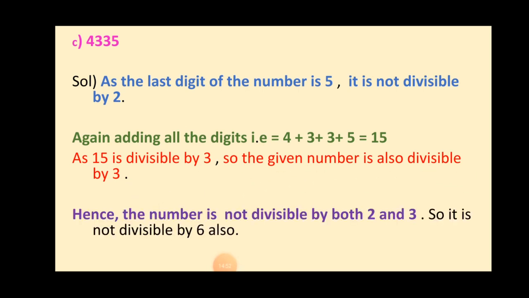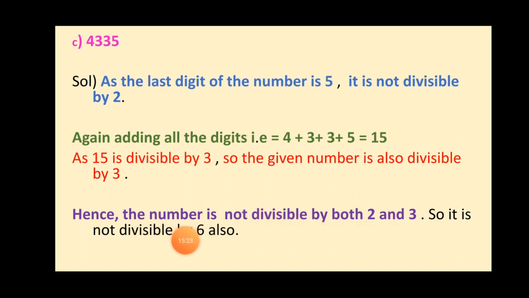Now in the same manner, the last statement depends on whether this given number is divisible by 2 as well as by 3 or not. You can see that this given number was not divisible by 2 but it was divisible by 3. So the last statement we have written is that the number is not divisible by 2 but it was divisible by 3, meaning it is not divisible by both 2 and 3.